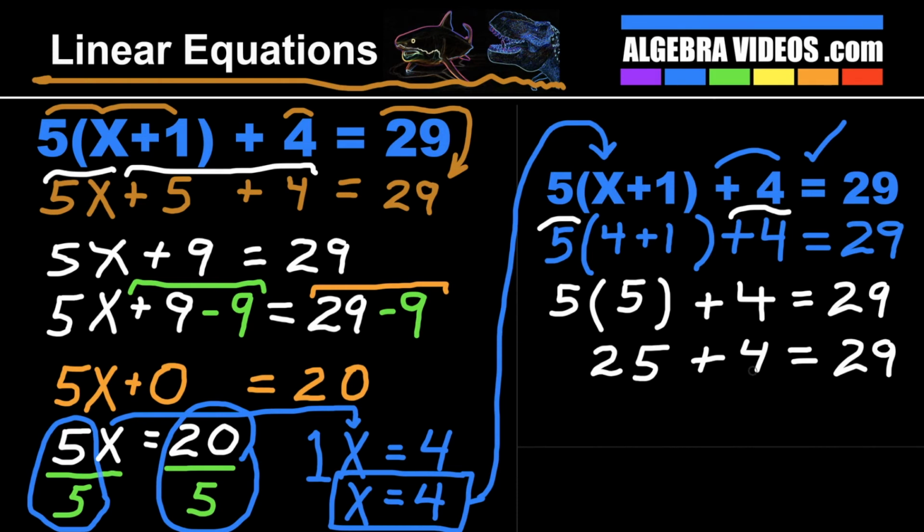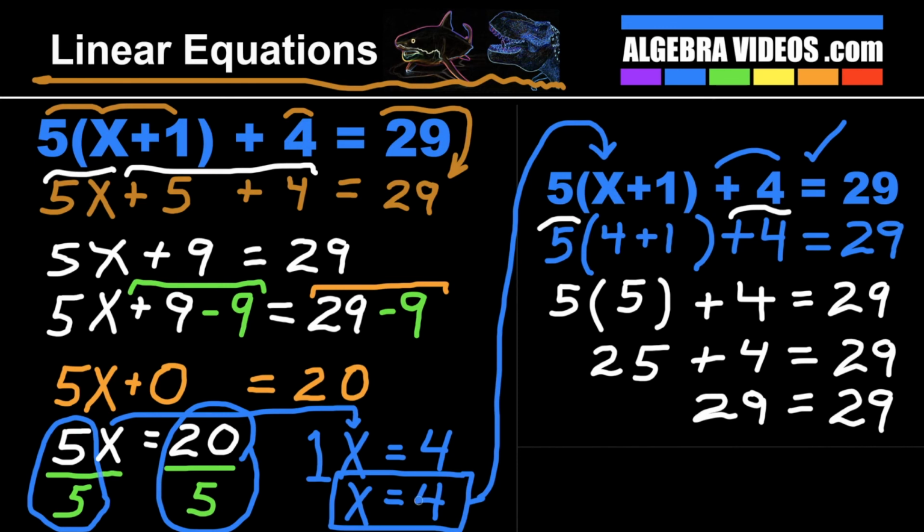So 25 plus 4 is 29 on the left side. And that equals, on the right side, I'm bringing down the 29. Okay, so we've got two numbers that equal each other. In this case, it's 29 equals 29.